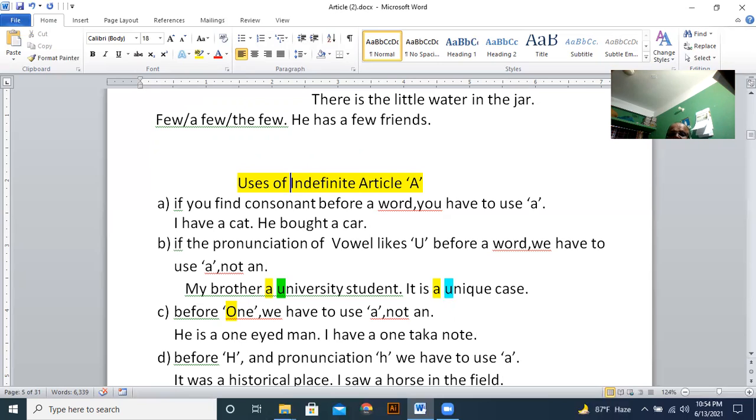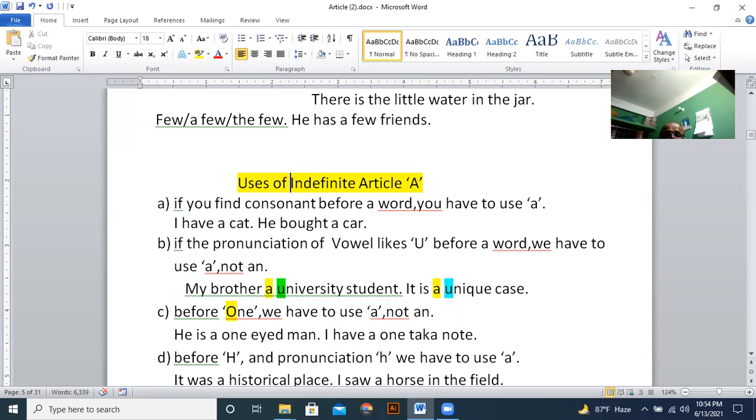If we find a consonant before a word, you have to use a. I have a cat. He bought a car. Now, I discussed consonant and vowel previously. If the pronunciation of a vowel sounds like you before a word, you have to use a, not an.